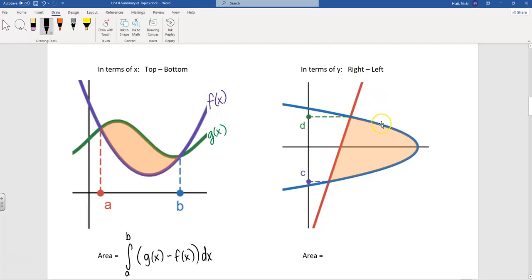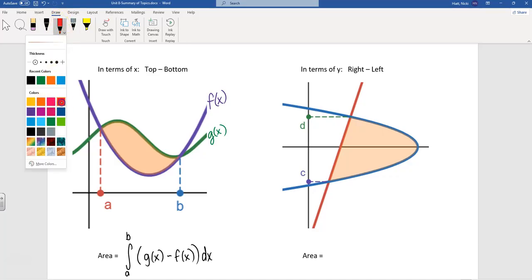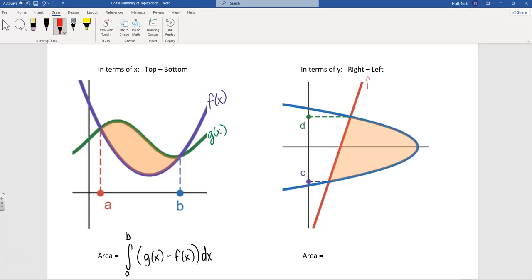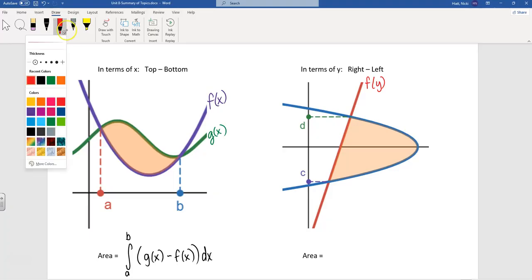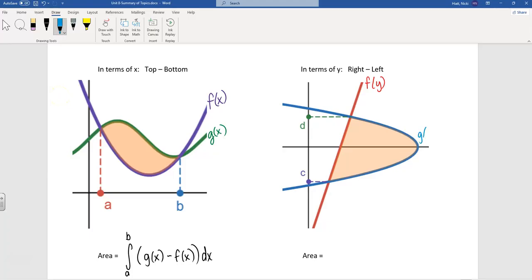If you're in terms of y, let's call this red graph right here. I realize yours is not colored, but they don't give me color copies. I'm going to call it f of y. Remember, that needs to be something like x equals y minus 4, right? It's got to be everything in terms of y. And then the blue graph, I'm going to call it g of y there.